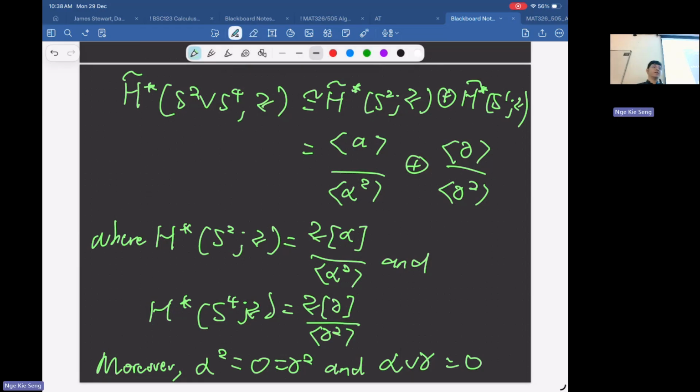Because if you take the cup product of alpha with alpha, what do you get? A degree 4 element. If you take the cup product of gamma with gamma, you get a degree 8 element.